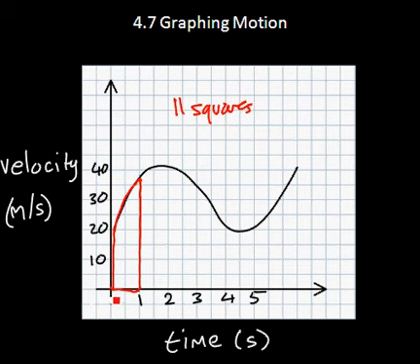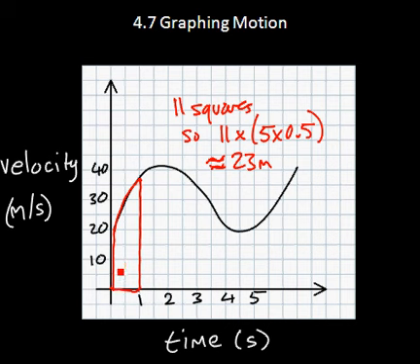Each square is half a second by 5 meters per second. And so it's 11 times 5 is 55 times a half, roughly 23 meters.